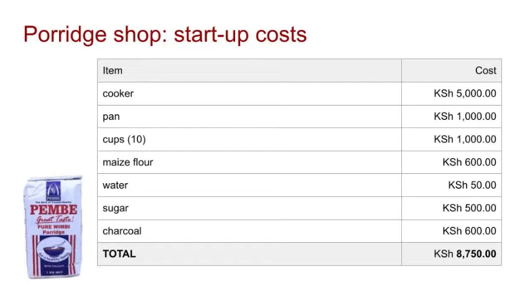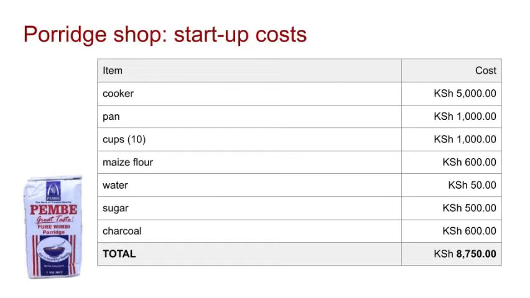Then there are going to be other things to actually make the porridge, things like maize flour. We need to get water, sugar, and also we need to think about how we're going to cook the porridge, how we're going to heat it. And of course we may well need charcoal for that if we haven't got a cooker that uses electricity.